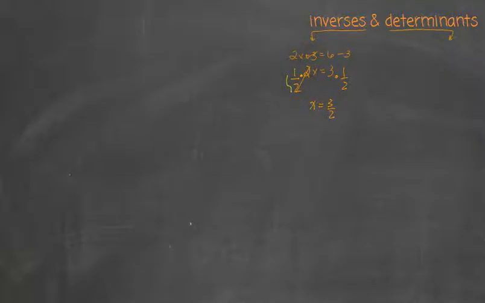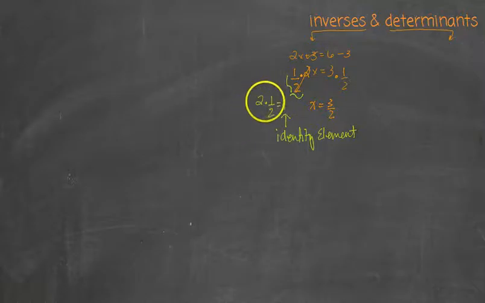Further, remember back here where I multiplied by 1/2, 2 times 1/2, and I said I was multiplying by the inverse. Well, we know that 2 times 1/2 equals 1, and that's the identity element. Under multiplication, where 1 is the identity, any operation that gives me the identity is an inverse operation under multiplication.